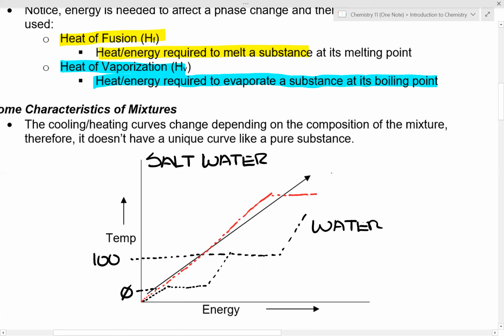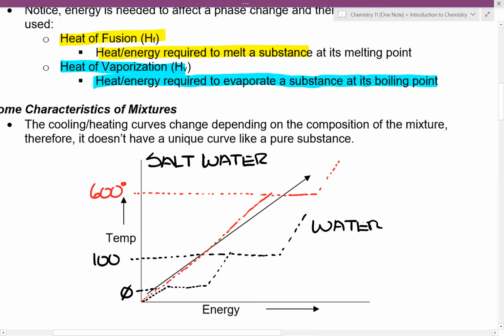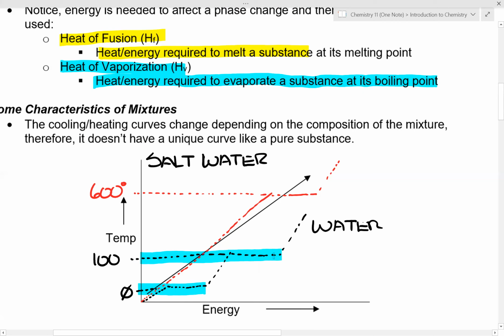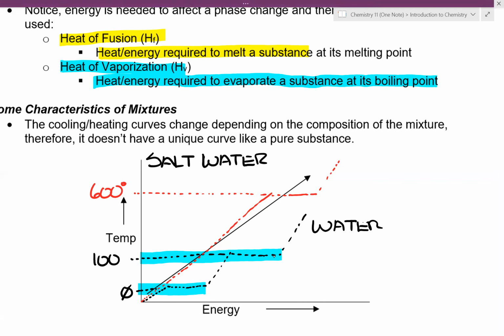It doesn't phase change until, let's say, I don't know, 600 degrees Celsius. So when you take a look at this graph, what you will notice is that when water changes phases, salt is still heating up. At 0 degrees and at 100 degrees, while water is changing phases, the salt is still heating up.